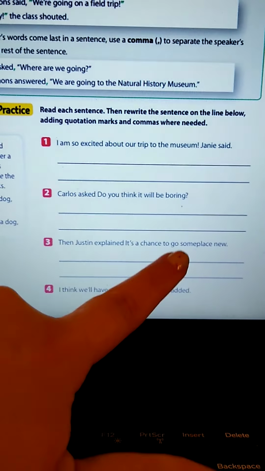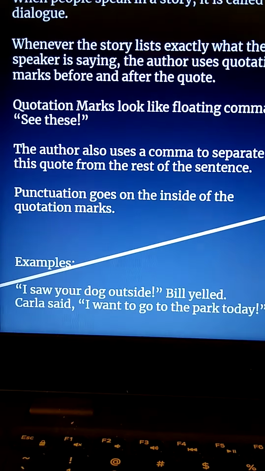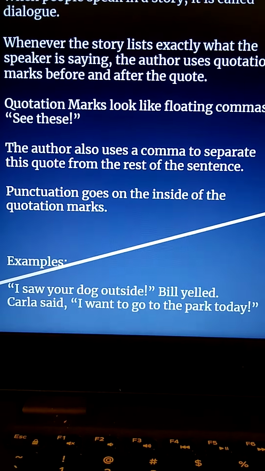Quotation marks look like floating commas. They float in the beginning, they float at the end. The author also uses a comma to separate this quote from the rest of the sentence. Punctuation goes on the inside of the quotation marks.